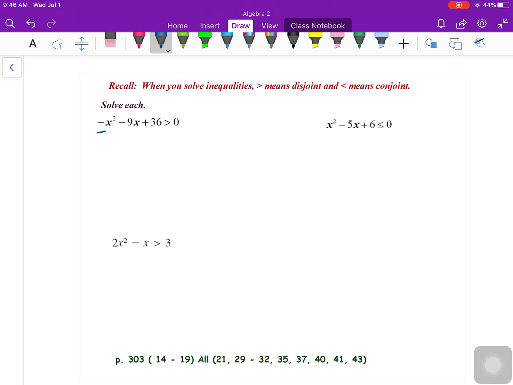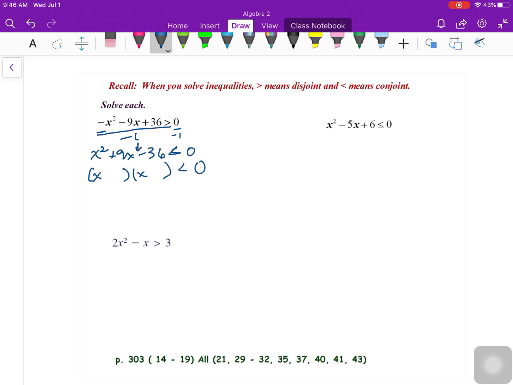So first you still want to have it compared to 0 so you can factor it. And I like my x's to be positive coefficients, so I'm going to divide all of this by a -1. So that gives me x squared plus 9x minus 36. And when I divide by a negative, it flips the inequality sign, is less than 0.